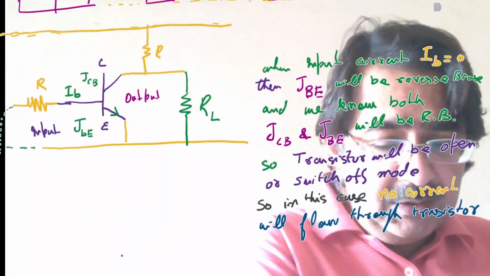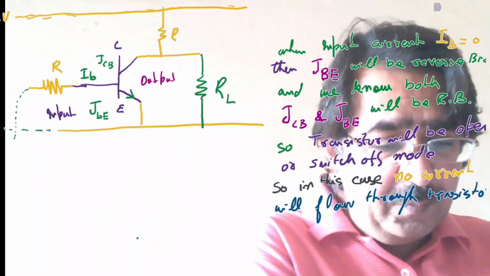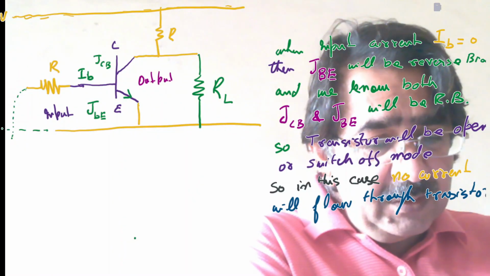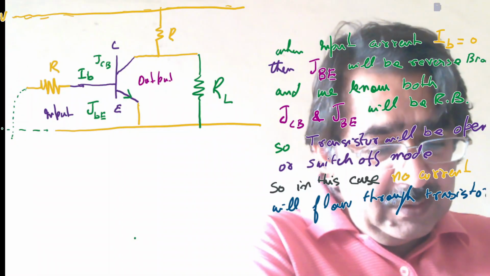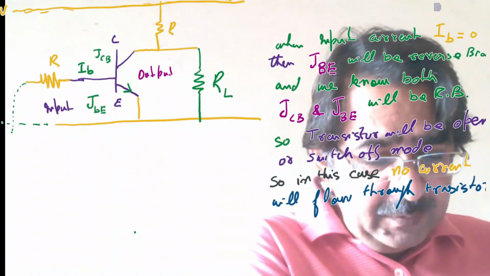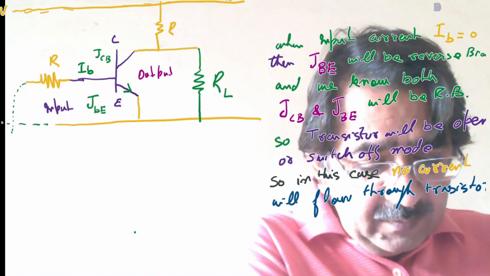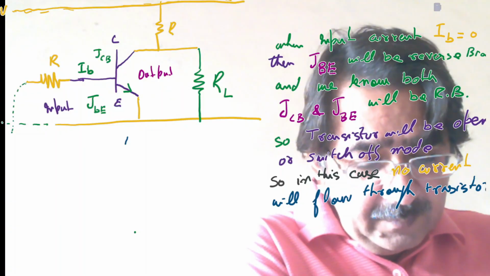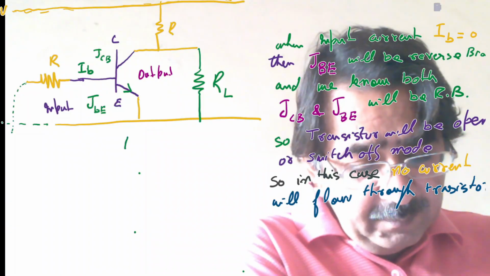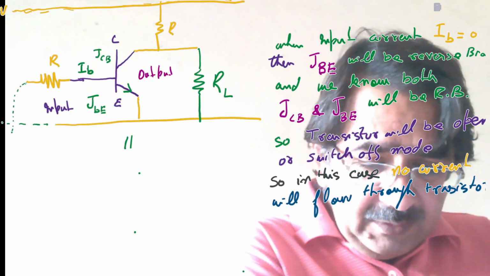When JBE is open, then this transistor will behave like an open switch.